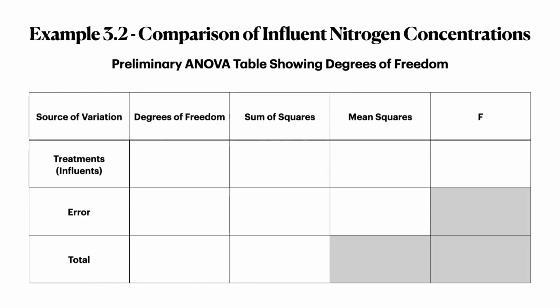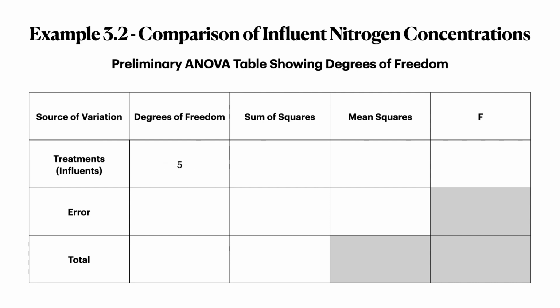Before we do that, let's look at the ANOVA table and compute the degrees of freedom for that table. So we have 6 treatments or 6 influents, and so we have 6 minus 1 or 5 degrees of freedom for treatments.